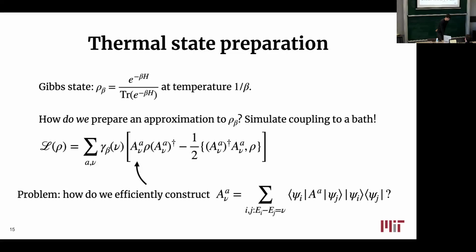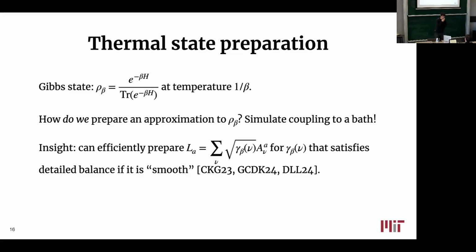So the insight of the recent line of papers is that you can choose your gamma function in a clever way. You can choose it to be something that satisfies detailed balance, either exactly or approximately, and that is also fairly smooth. I'm going to be very vague since I'm not going to talk about the algorithms more, but instead of individual A_nu^a's, it's good enough to sum over nu and prepare some larger object as your Lindblad operators.